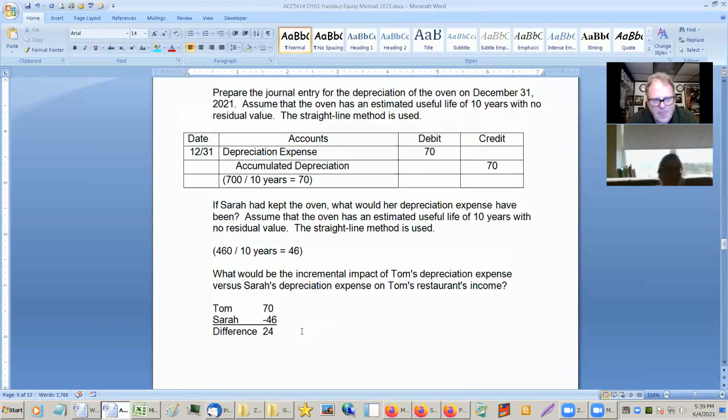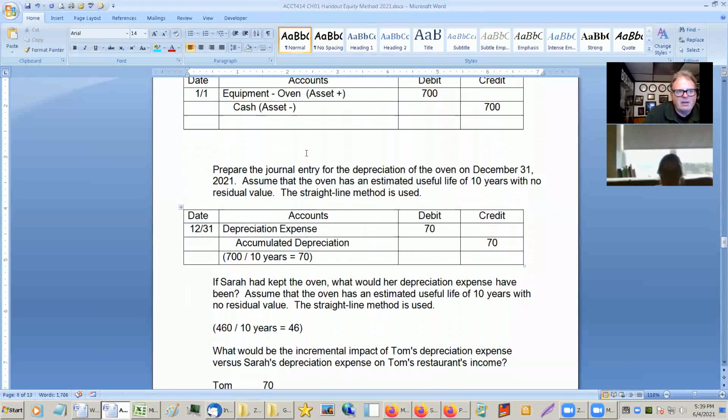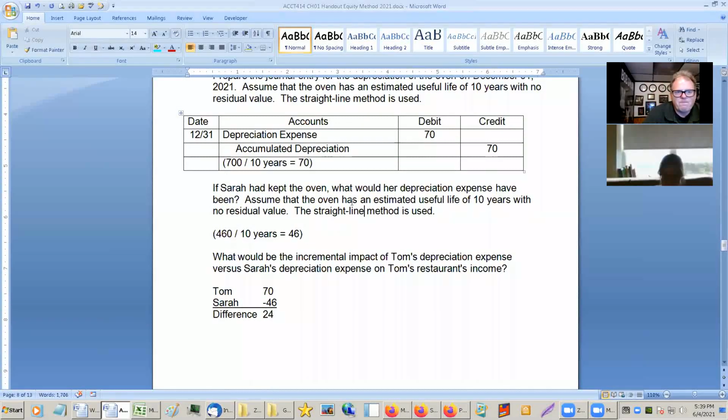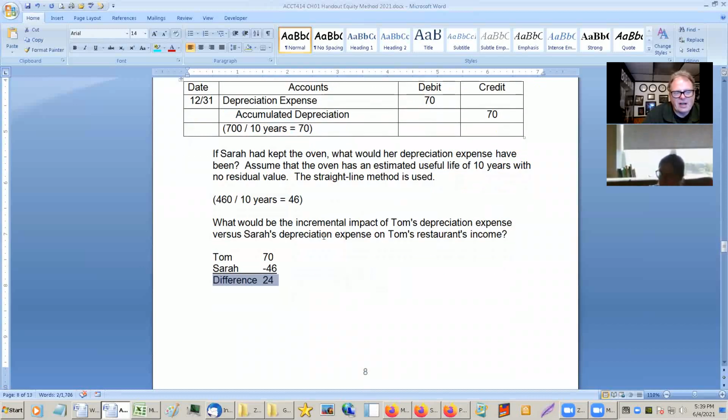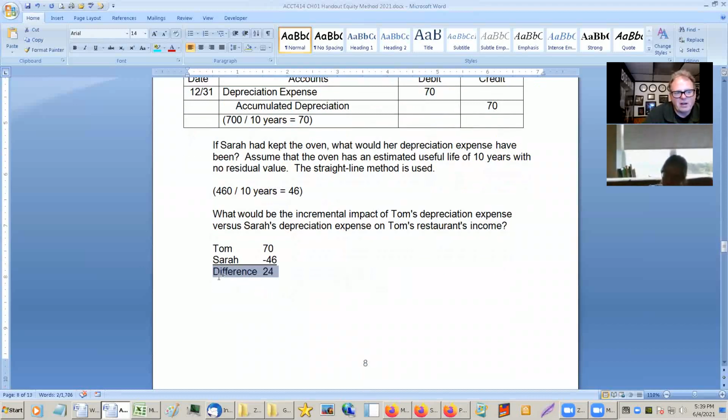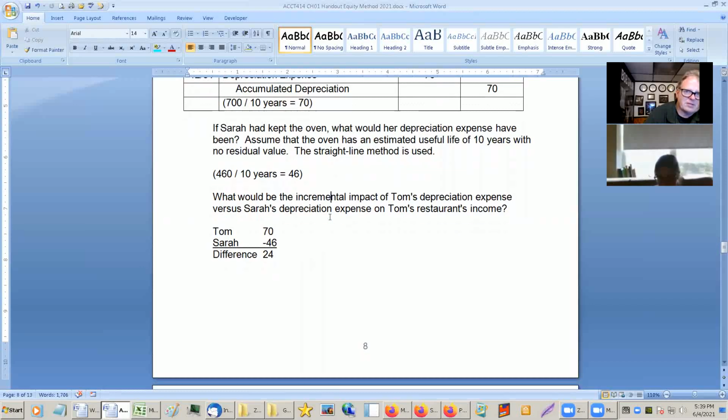So here's the thing. If Tom were to buy Sarah's business, notice that Sarah wouldn't have actually sold Tom just the oven, but the whole business. Tom would have paid the same $700 as part of the purchase for that oven. So this difference of 24 is the additional amount Tom would have to include on his financial statements.